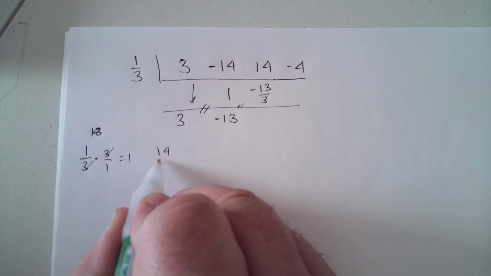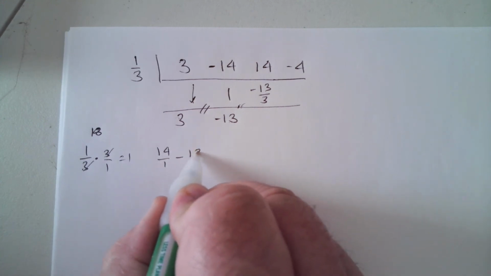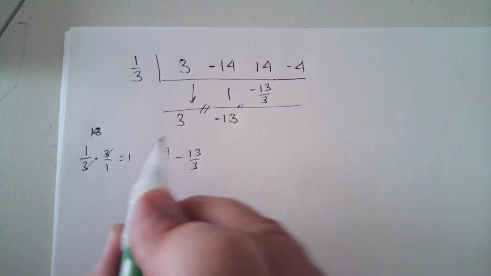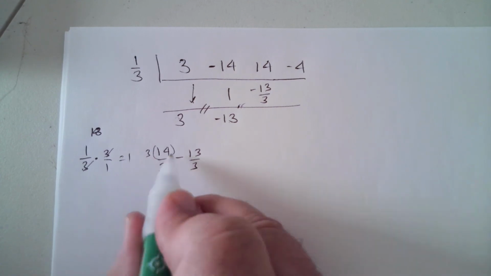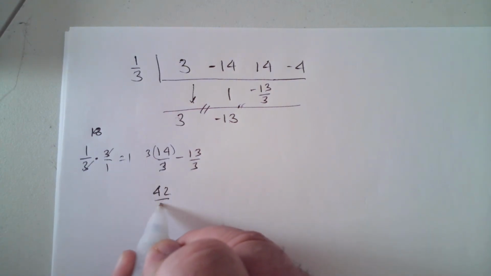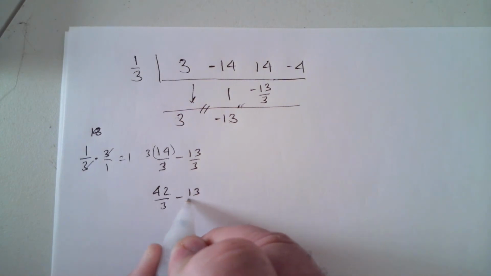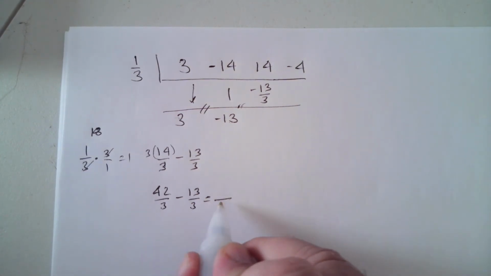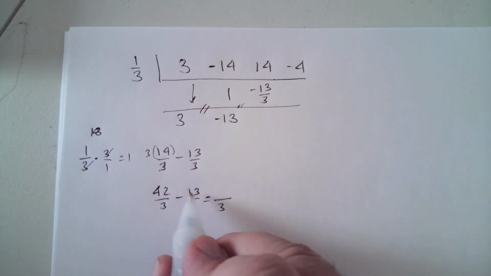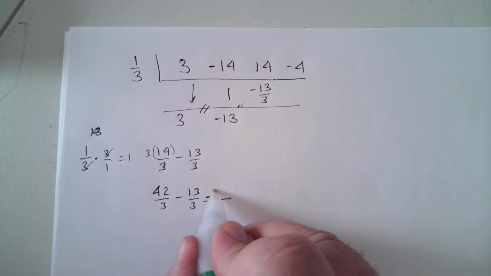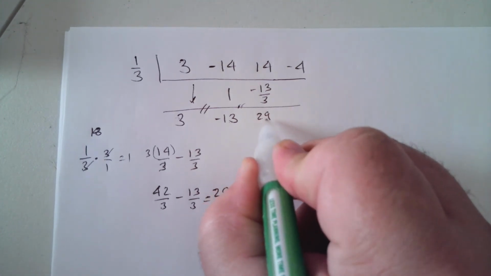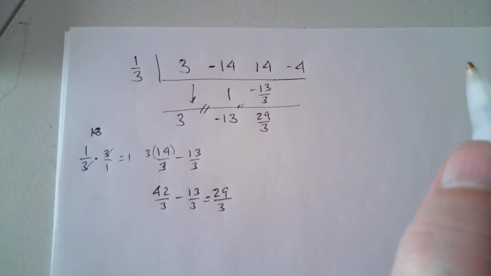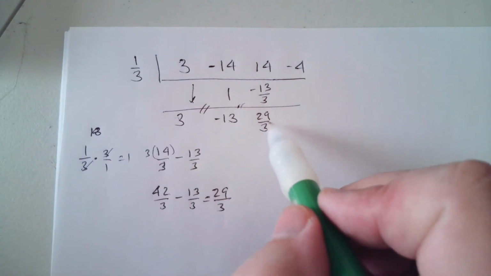So we have 14 over 1 minus 13 over 3. We have to multiply this one by 3, top and bottom. So it's 42 over 3 minus 13 over 3. 42 minus 13, 29 over 3. One third times 29 over 3.